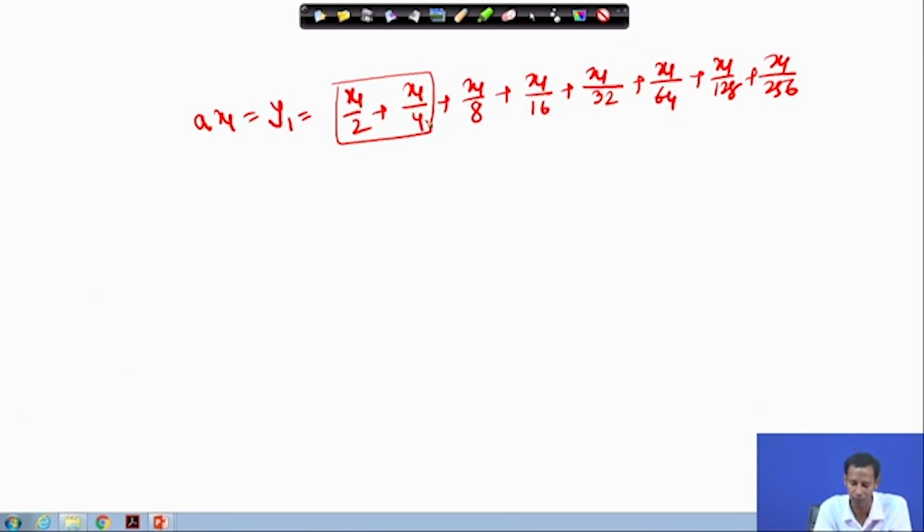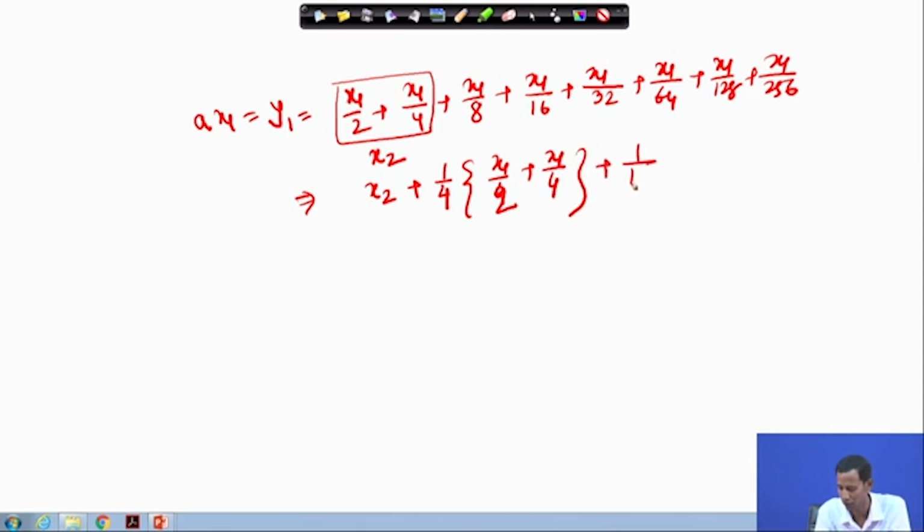If I take x1 by 2 plus x1 by 4 as, let us consider this as x2. Okay. So, now how can I represent the same equation? Now this can be represented as x2. If I just take 1 by 4 common over here, this can also be written as x1 by 2 plus x1 by 4.